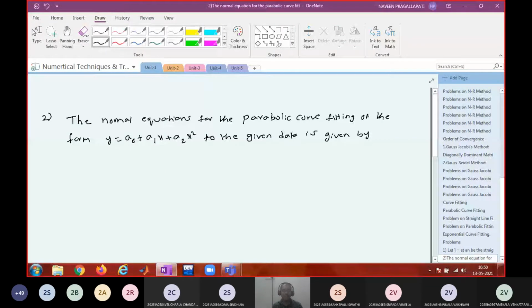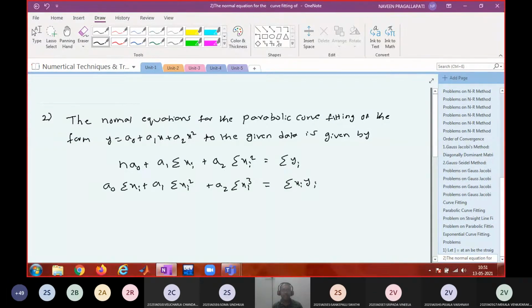What are the normal equations? N a0 plus A1 sigma xi plus A2 sigma xi square equal to sigma yi. A0 sigma xi plus A1 sigma xi square plus A2 sigma xi cube equal to sigma xi yi. A0 sigma xi square plus A1 sigma xi cube plus A2 sigma xi power 4 equal to sigma xi square yi.